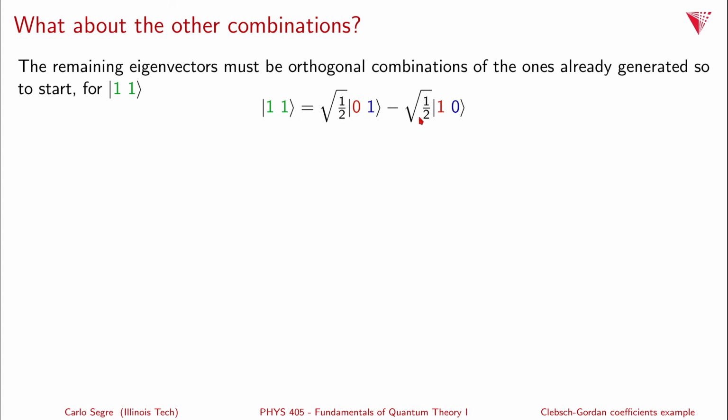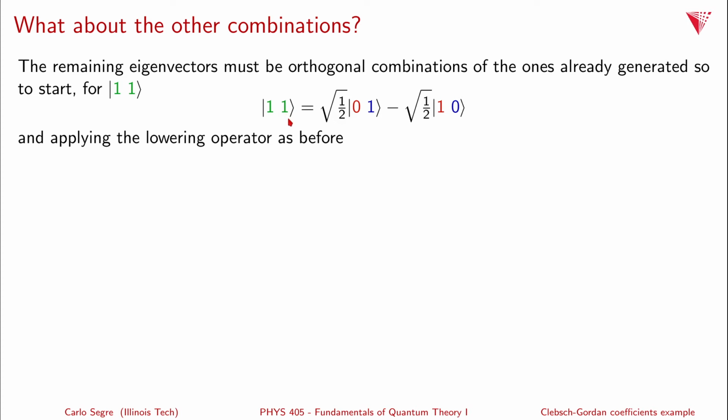And this state is clearly orthogonal to that. It's the orthogonal combination of the same two states with the same weighting. And you can imagine that you need to use those because they're the only two states which give you m equals 1 when you sum m1 plus m2. So this must be the state for 1, 1.